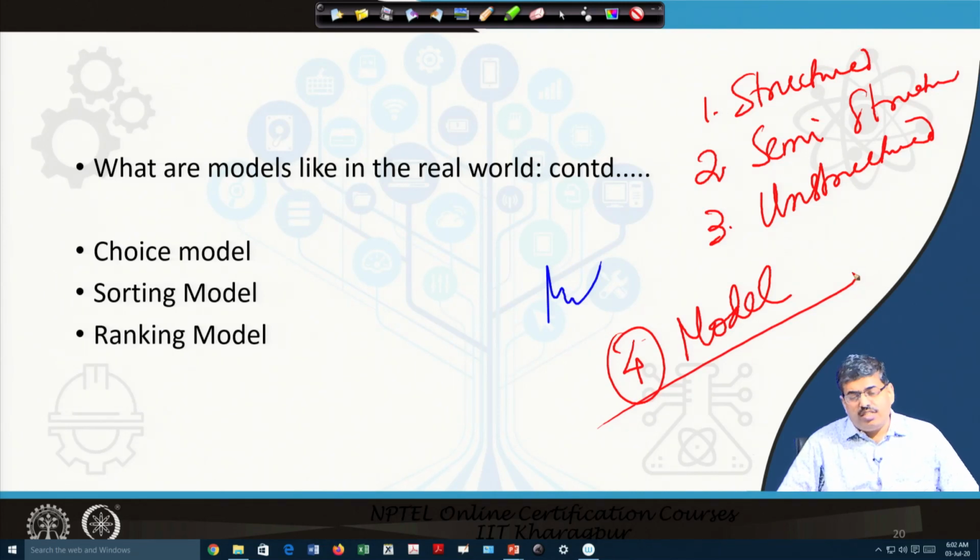So, structured, semi-structured, unstructured, and fourth is what is a model, right.